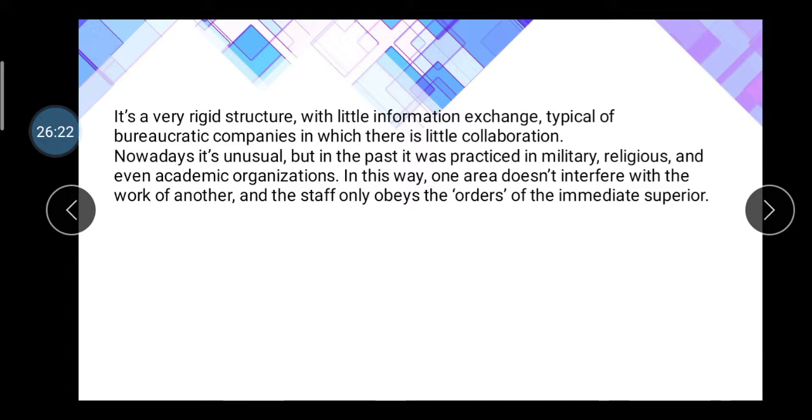Nowadays this type of line structure is not applicable, but in the past it was practical in military, religious, and even academic organizations. They followed this type of line organizational structure. In this way, one area does not interfere with the work of another group, and the staff only obey the orders given by the superior.